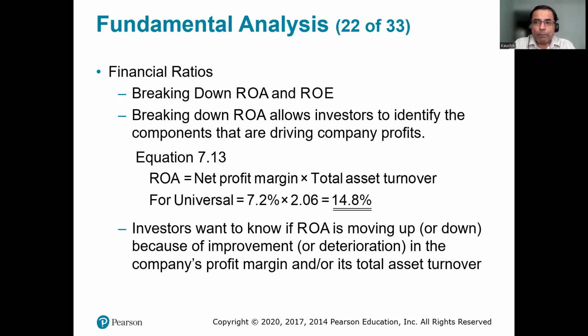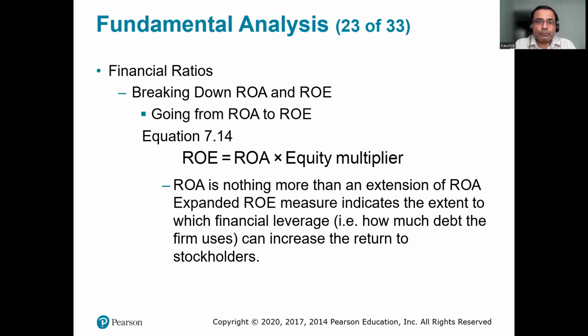Is it the company doing better business, or is it the company running very efficient operations and converting its assets into higher amount of sales? This is an important insight which is available by breaking down return on asset into different subcomponents.